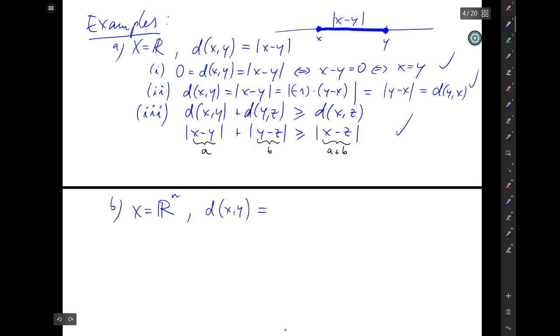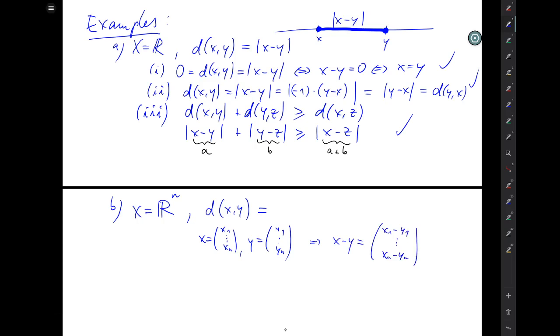Well, if x is the vector x1 to xn and y is the vector y1 to yn, then you could take the length of the line segment connecting these two. You know what I mean? You look at the difference vector x minus y, which is then x1 minus y1 up to xn minus yn, and you ask for the length of that.